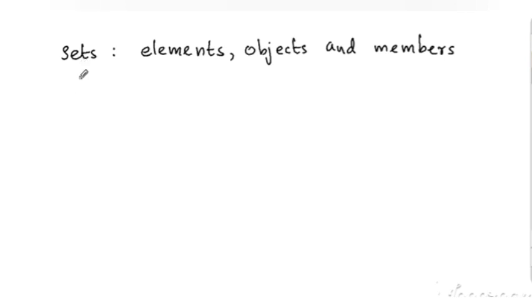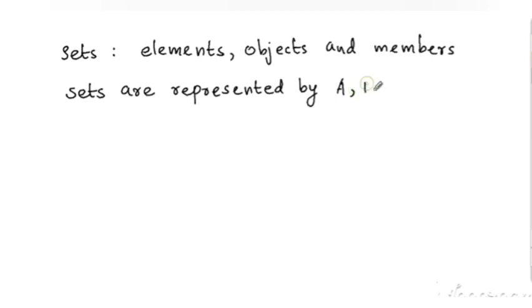Then sets are usually represented by capital letters, say A, B, C, etc. And elements, objects or members in those sets are represented by small letters, a, b, c, etc. So sets are represented by capital letters and elements are represented by small letters.